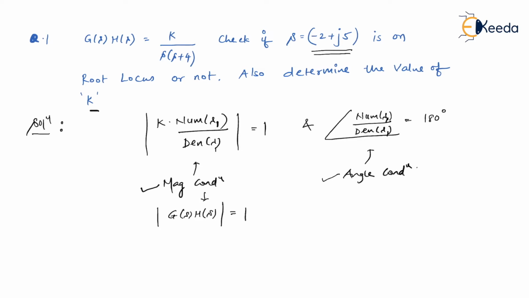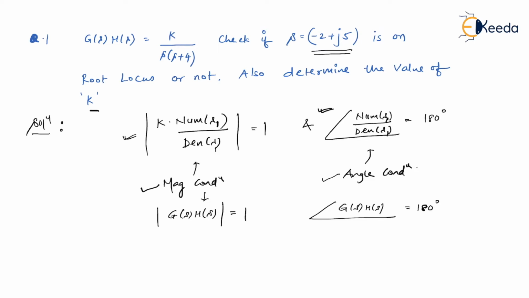This is also called the magnitude condition. And of course, the angle of G(s)H(s) should be equal to 180 degrees. You need not get confused with the generalized form; you can go for this also.